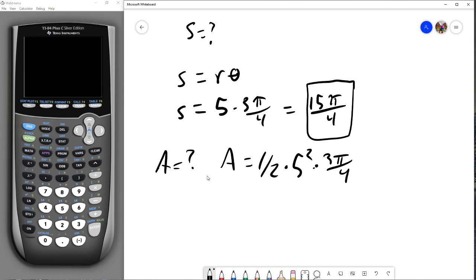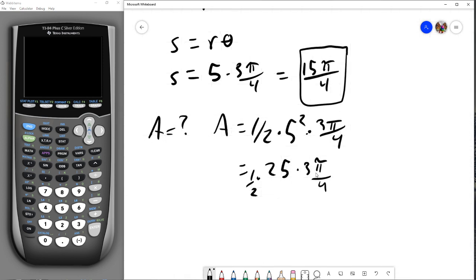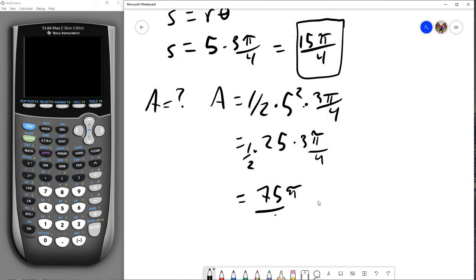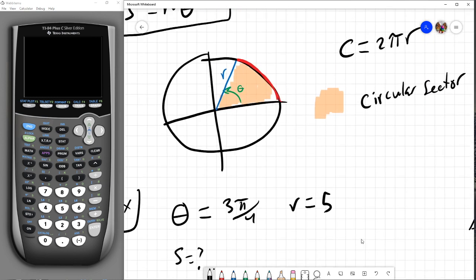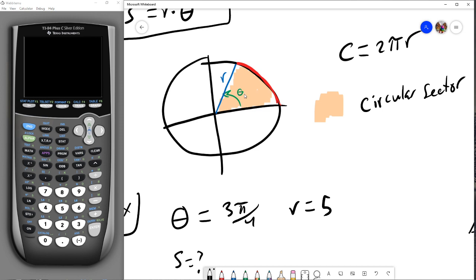So 5 squared is 25, so we get 25 times 3 pi over 4, and we got our half hanging out. So 25 times 3 is 75, so we got 75 pi, and then 2 times 4 is 8, so 75 eighths pi. So that is the area of this orange shaded region when we have a radius of 5 and an angle of 3 pi over 4.